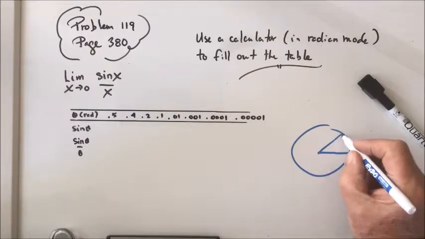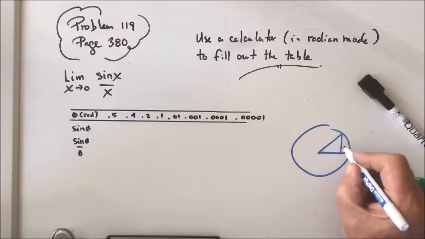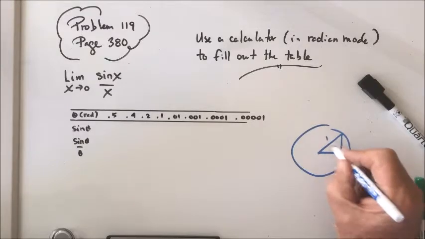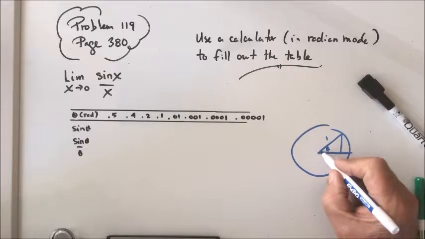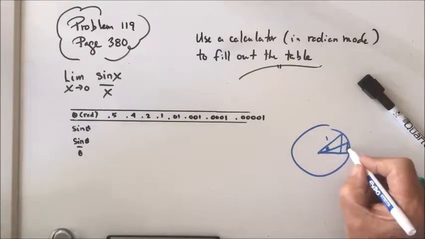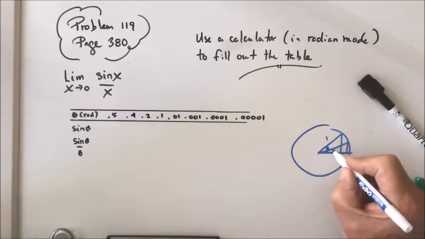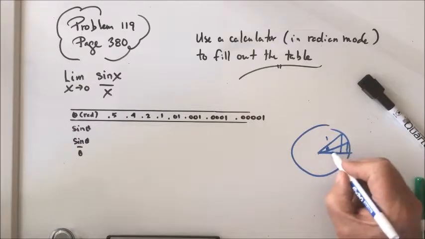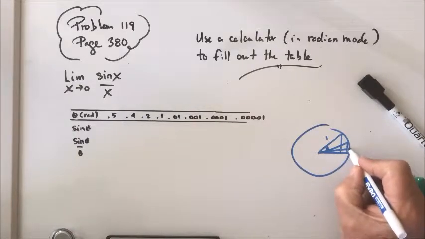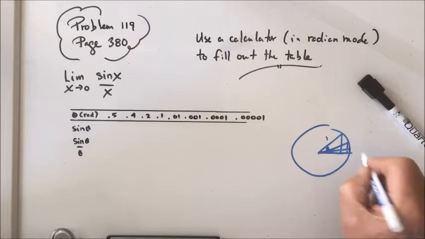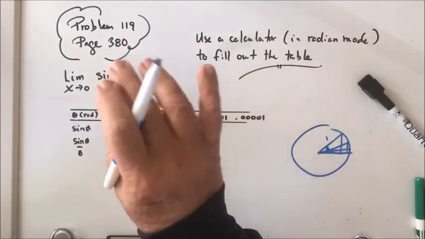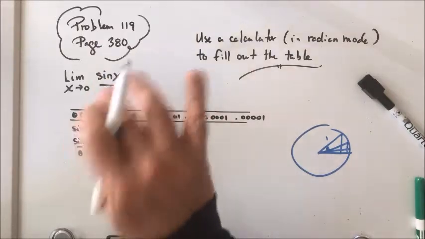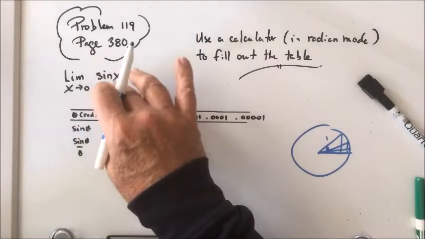But if you start with theta here, you've got a y value. This is the sine. Remember, if this is 1, that length is the sine of this theta. Let me make theta a little smaller. Now this length is associated with this smaller theta, a smaller length. Let me make it smaller still. Sure enough, the length just keeps getting smaller and smaller. So clearly, sine of theta, or sine of x, is going to go to 0 as theta goes to 0.